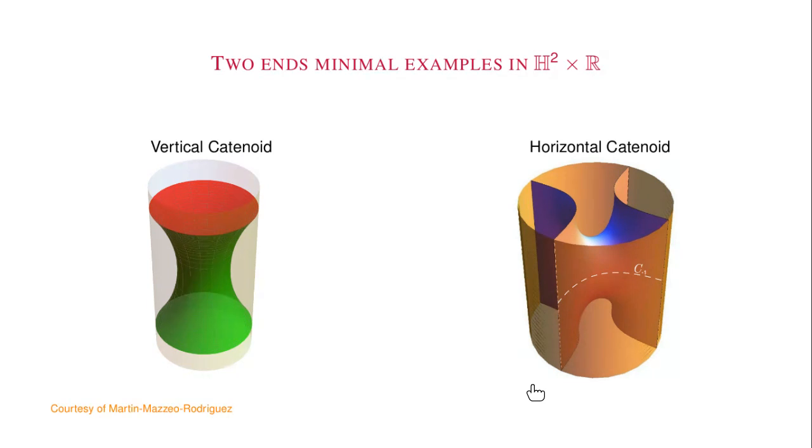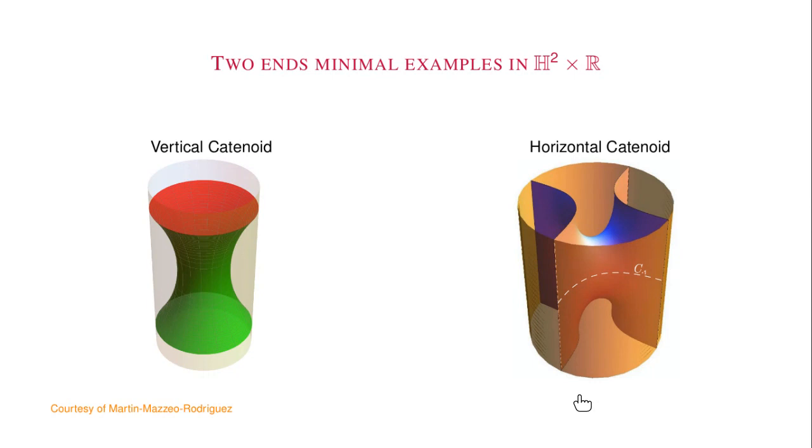And then there is something quite different that are horizontal catenoids. They were described in this paper by Martin, Mazzeo, Rodriguez, and they are, of course, topologically a cylinder.